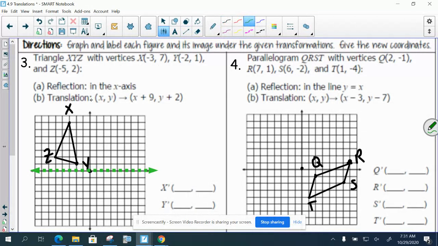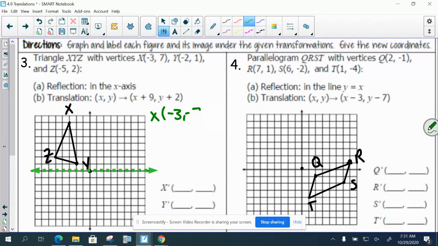And that means that the points will be, so I'm going to write my intermediate points here. Remember what we do if we're reflecting in the x-axis: x stays the same, but the y changes.